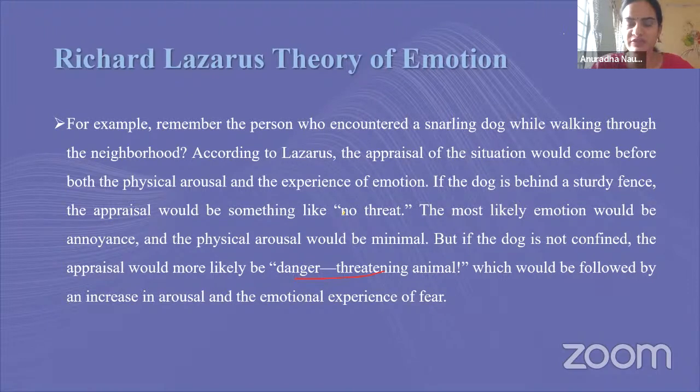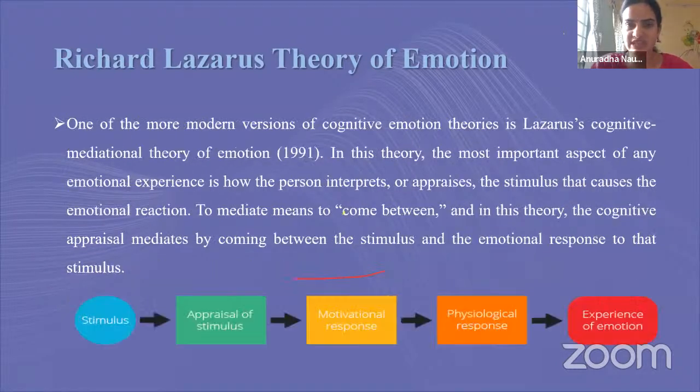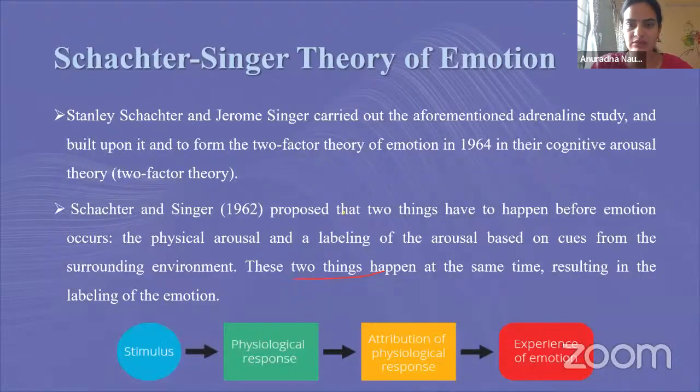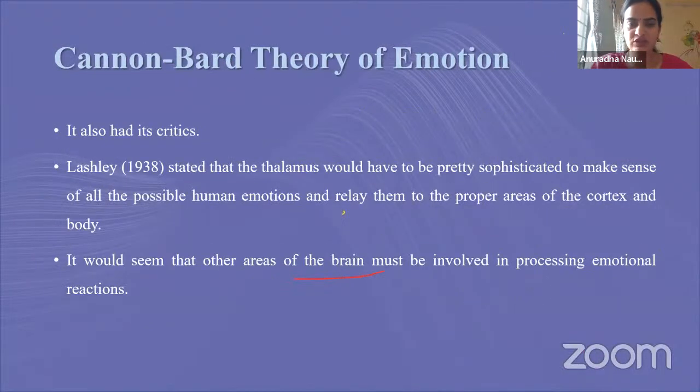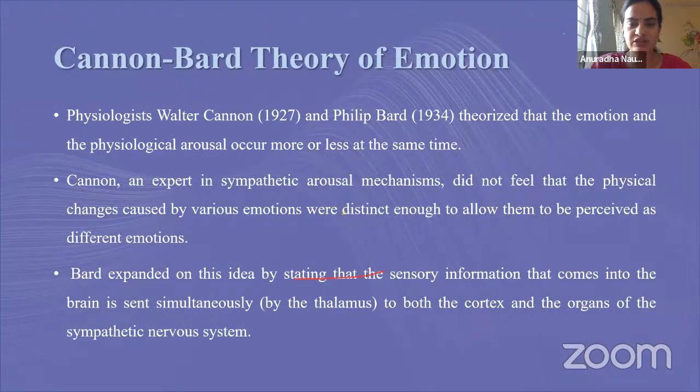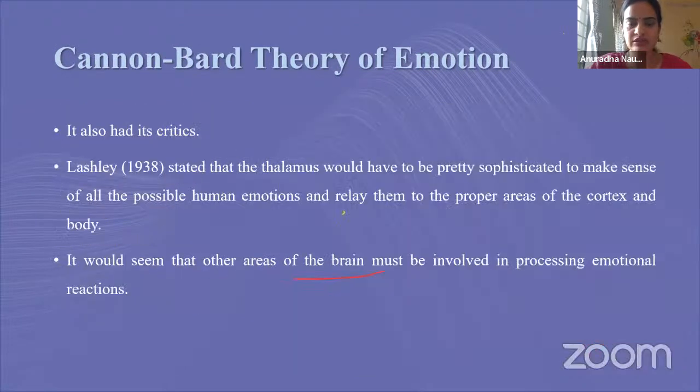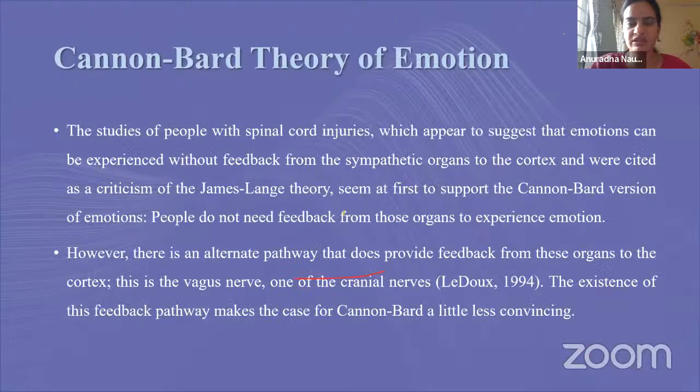So not just the physiology that is involved in experience of emotions, it is also the socio-cultural factors that are present in our surrounding that will allow us to experience different emotions differently. So always keep that in mind, that these theories talk about physiology a lot. Cultural components are also there in experience of emotions.